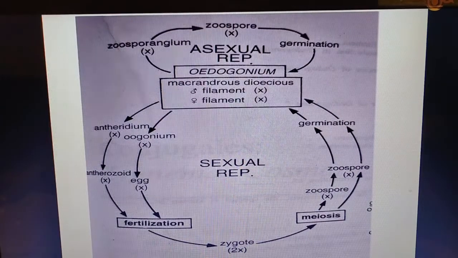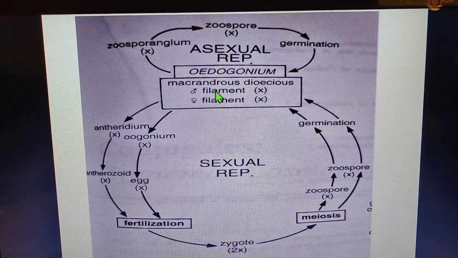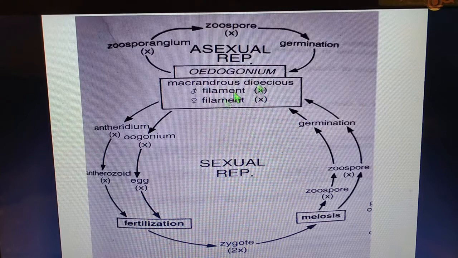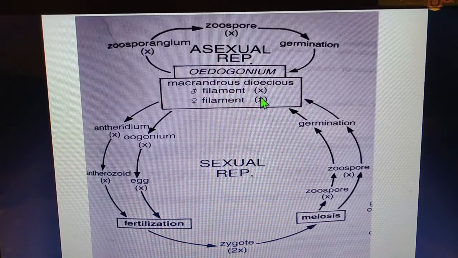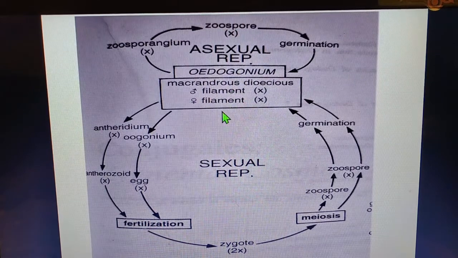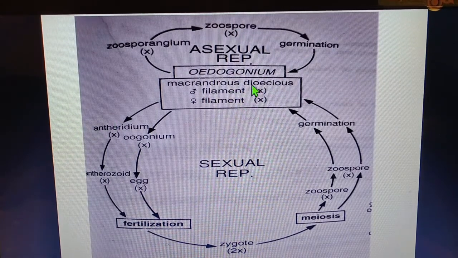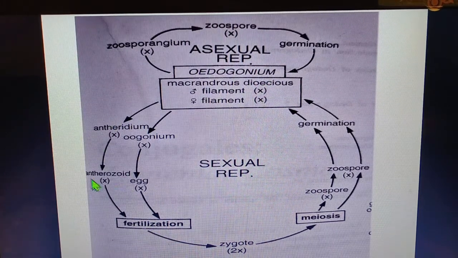Now in case of Macrandrous dioecious, where the male and the female Antheridium and Oogonium are born on different filaments, that is dioecious, it is the same thing as you can see.